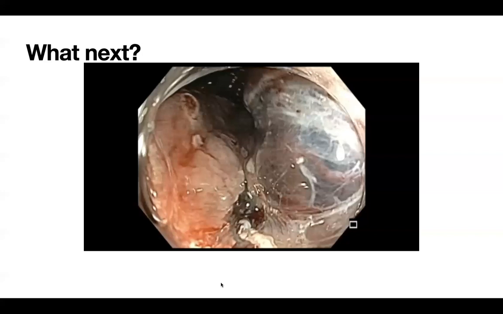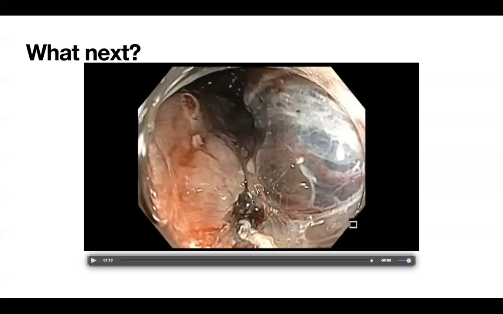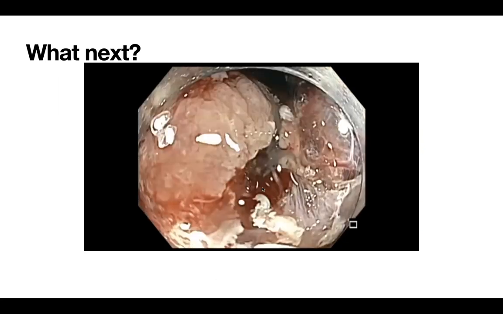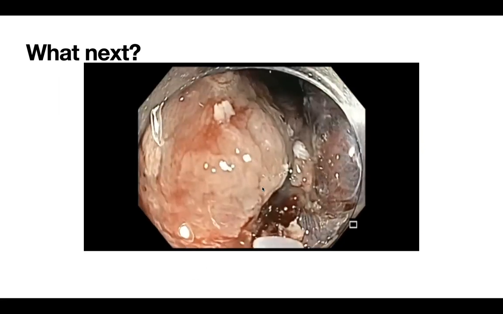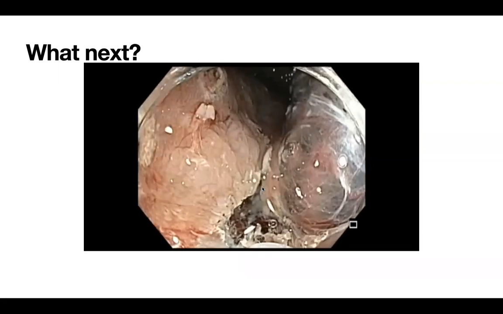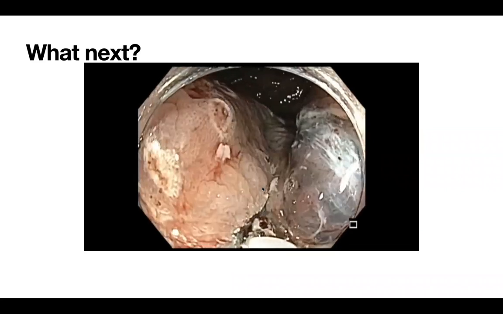So we cut about a third of it, and then you could see the bleeding here a little bit at the bottom. One of the things I want to share with Zubair and any other fellow is that previously my settings were EndoCut Q on the left side and force coagulation on the right side.